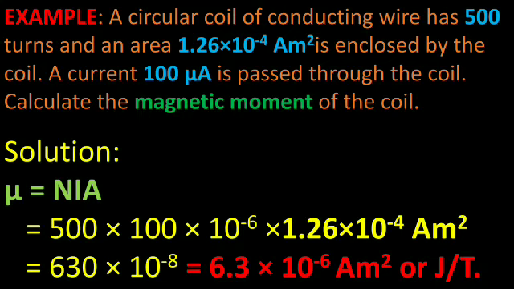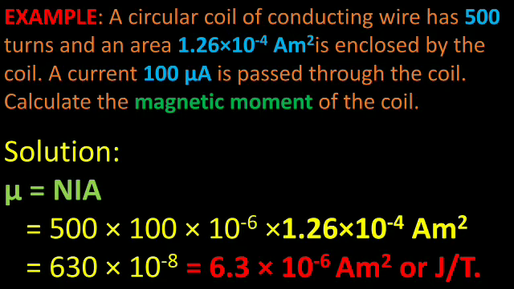So finally the formula for the same is what? We have to find the magnetic dipole moment. So the final formula is mu is equal to NIA, where N is the number of turns that is given as 500, I is the current that is given as 100 microampere. Now micro stands for 10 raised to minus 6, and A is the area. It is also given as 1.26 into 10 raised to minus 4 ampere meter square.